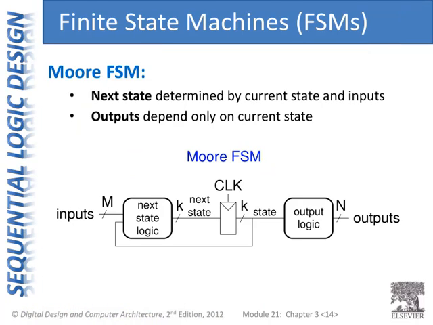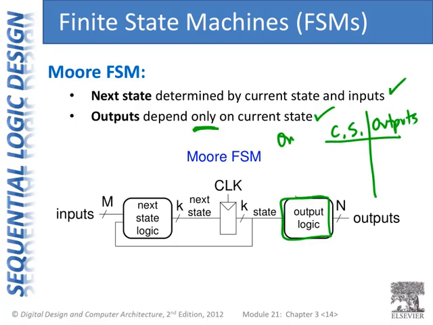So again, remember, the next state is determined by the current state and the inputs, and the output depends only on the current state. So our output table will always have just the current state on the left and the outputs on the right. It never has the inputs in the output table.